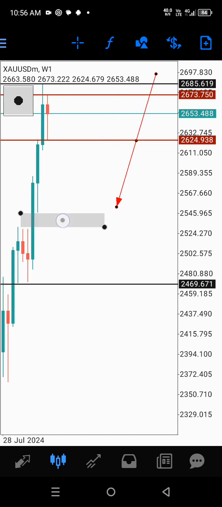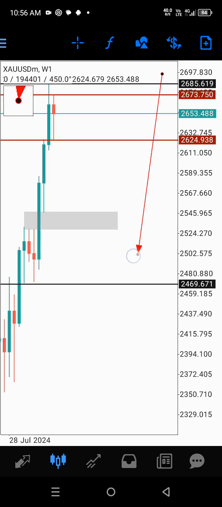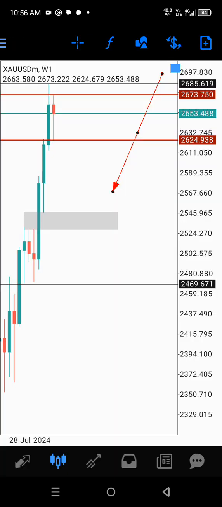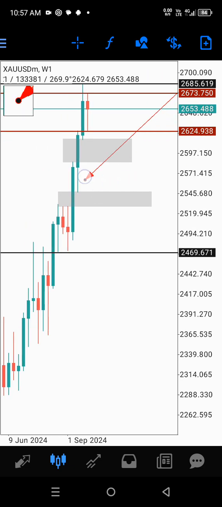I always trade dragon fruit pattern, but I prefer seeing dragon fruit pattern on daily, 4 hour and 1 hour. But I'm seeing it on weekly, which sometimes might not come down to it immediately. There's a fair value gap here, which price might react to if the price decides to keep pushing back.